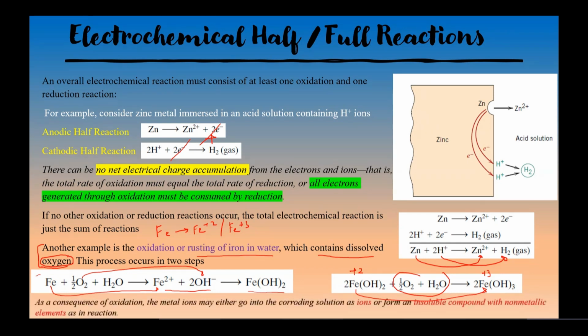And this Fe3+ forms an insoluble compound with the non-metallic elements, and this is the reddish brown rust that you see on your everyday steels. All right, Fe(OH)3. Clear enough?